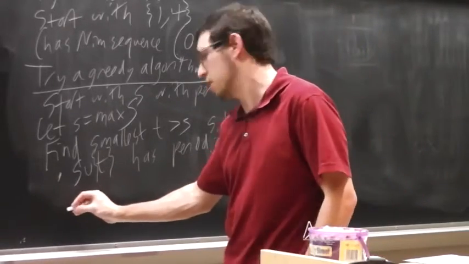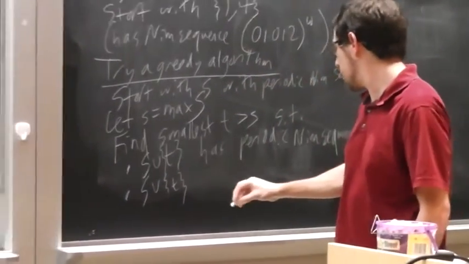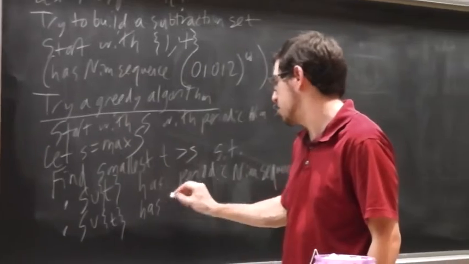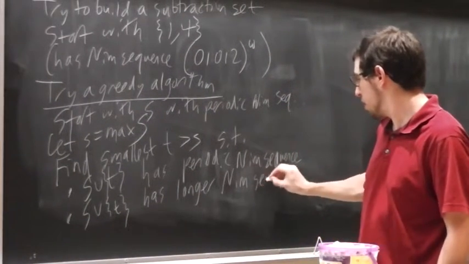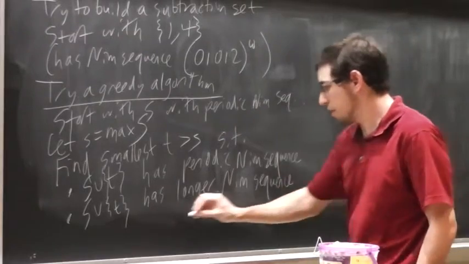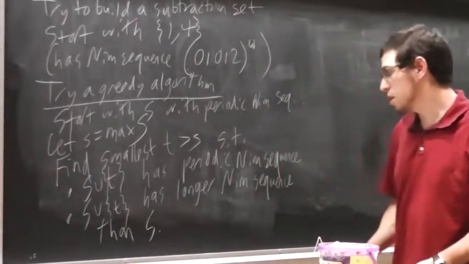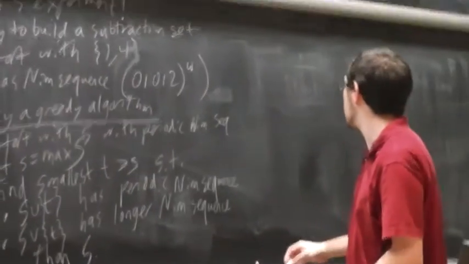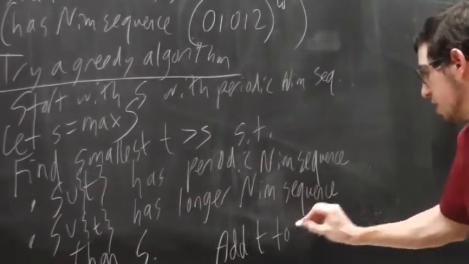We don't want to stabilize on a period. So we also want S union t to have a longer nim sequence than S. So when we have these two properties, we can then add t to S.